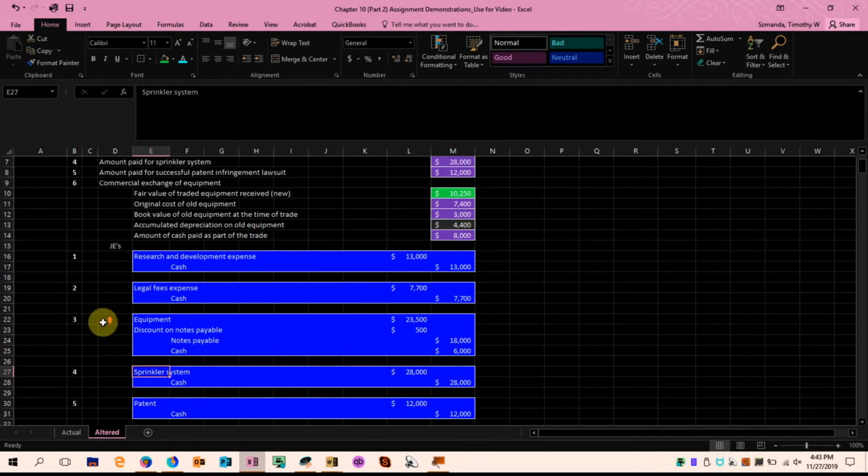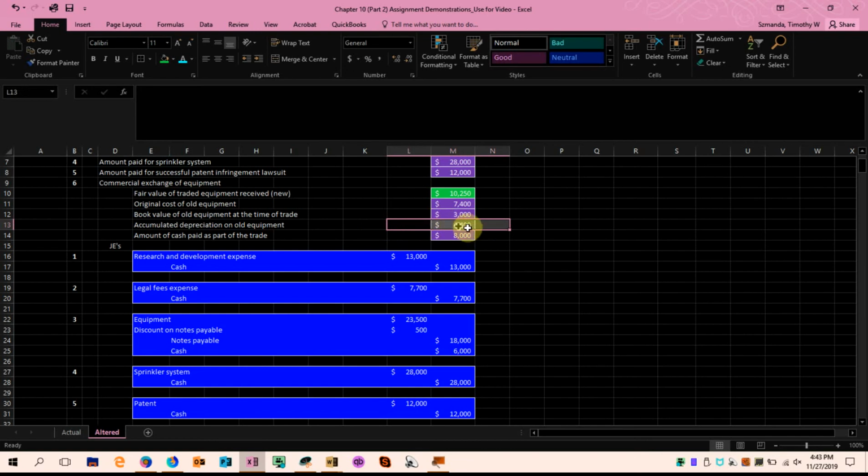And then number 6, commercial exchange of equipment. Here we have fair value of equipment traded, $10,250. Original cost, $7,400. By the way, the $10,250 is altered data. Book value of the old equipment at the time of the trade was $3,000. Therefore, we have to calculate the depreciation.